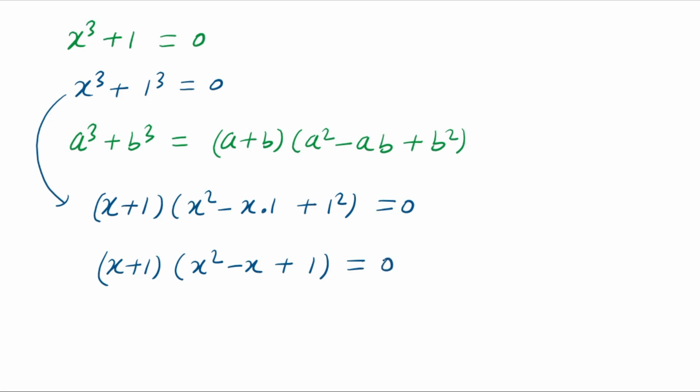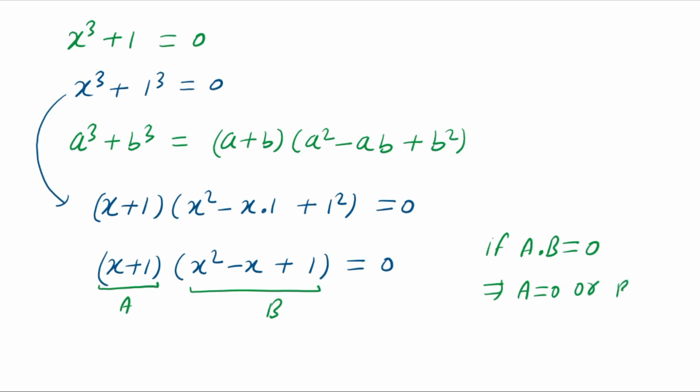Now suppose this expression is a and this expression is b, and we know that if a times b is equal to 0, this implies a is equal to 0 or b is equal to 0.